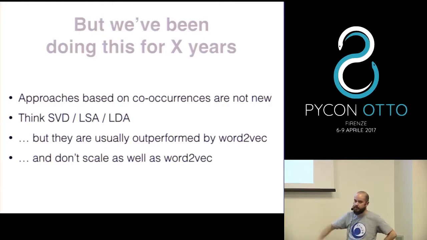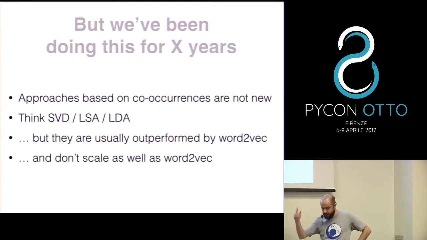LSA, LDA, these algorithms have been around for a while, and they're all based on co-occurrences, but word embeddings learned with word2vec or similar algorithms usually produce a much better representation of your data. So the traditional approaches are kind of outperformed. And word2vec also scales much better. So you have a large scale opportunity here compared to all these other traditional approaches.